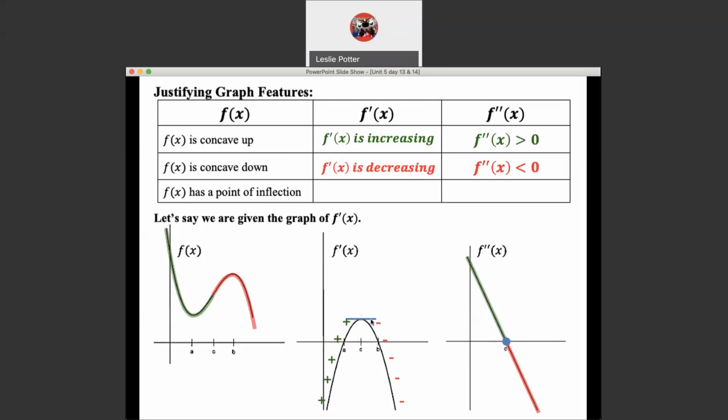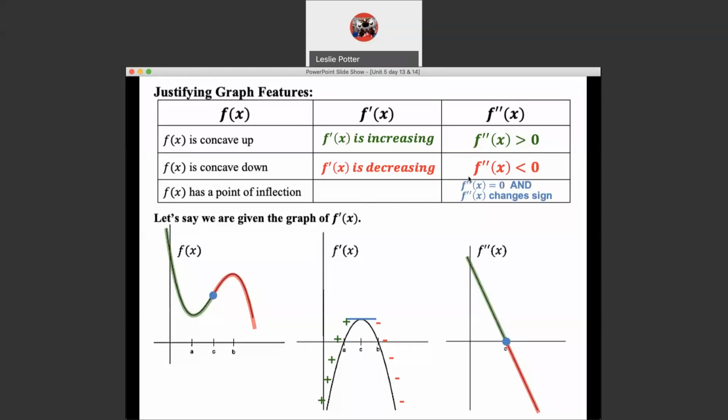We confirm the point of inflection if we change from concave up to concave down, or vice versa, which we do, because we can see on the first derivative graph that we change from increasing to decreasing. So we know we have a point of inflection here at C because we change our concavity, in this case from concave up to concave down.